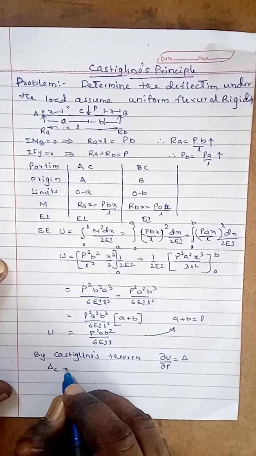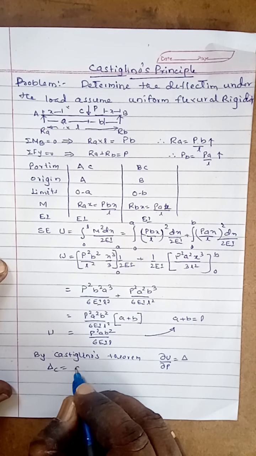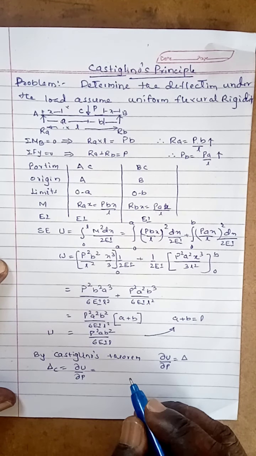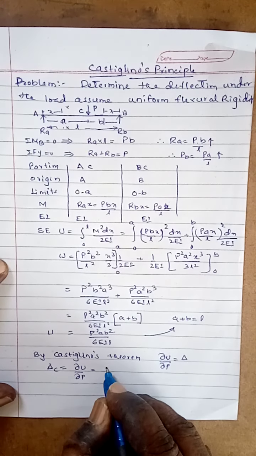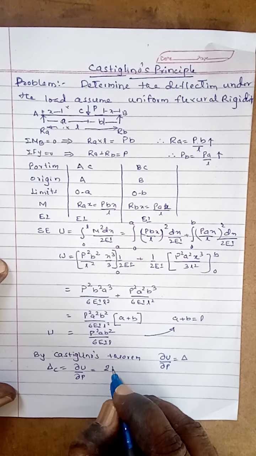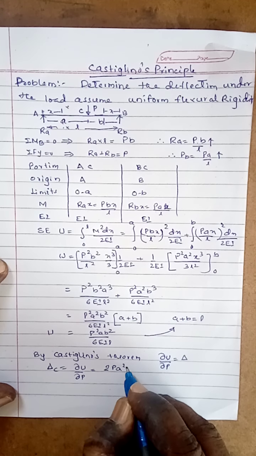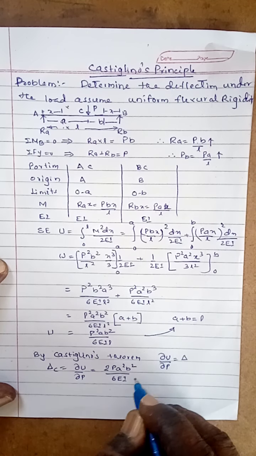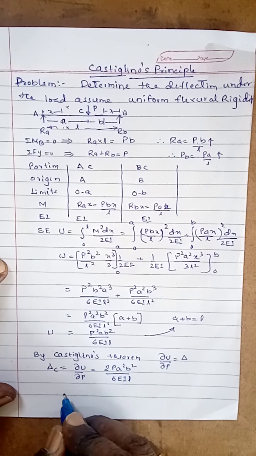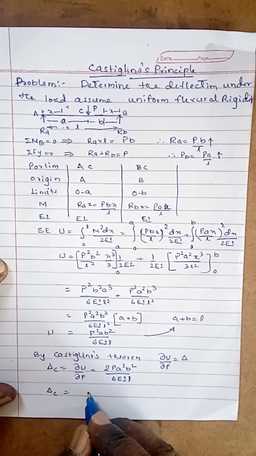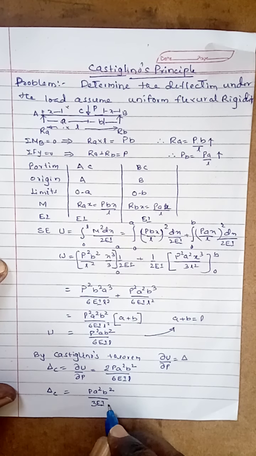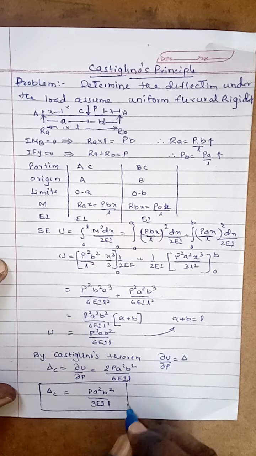Then delta C equals, if we partially differentiate this, dU by dP, this equals 2 times P A square B square divided by 6EI L. Then delta C equals P A square B square divided by 3EI L. It is the solution for this problem.